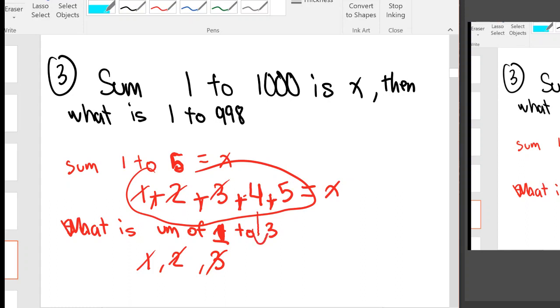So this is 9 more from x. x is 9 more than the sum of 1 to 3. So this would give me x minus 9 if I want the sum from 1 to 3. All right, let's use that same logic and apply it to this problem. Let me erase this.